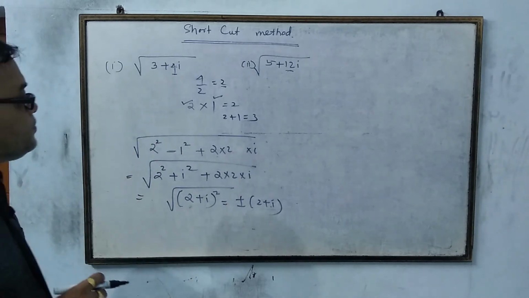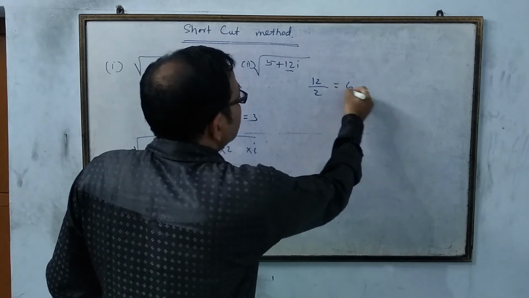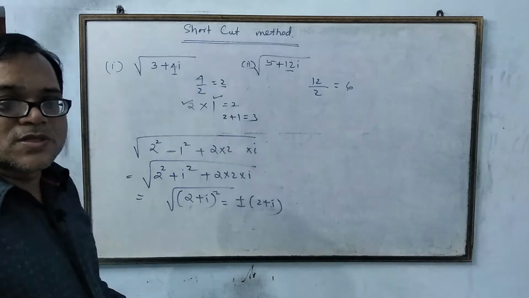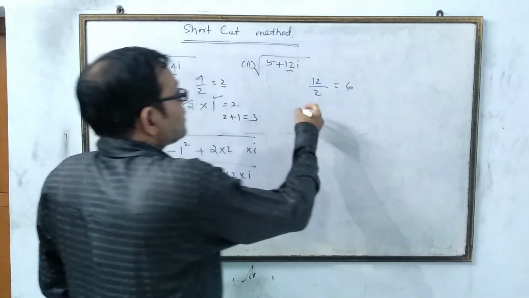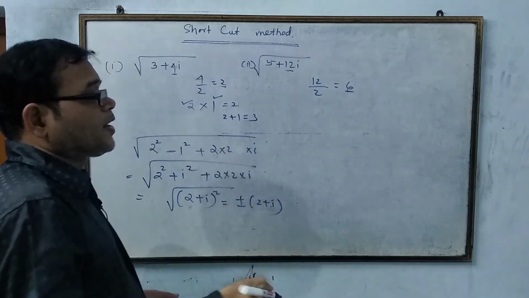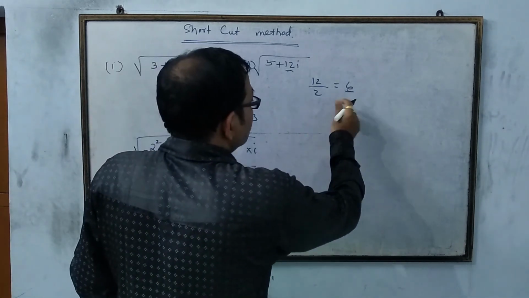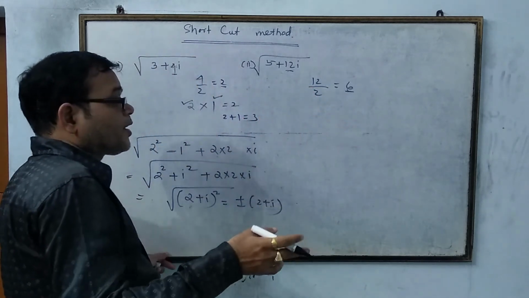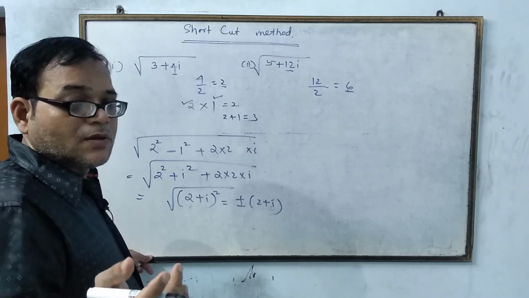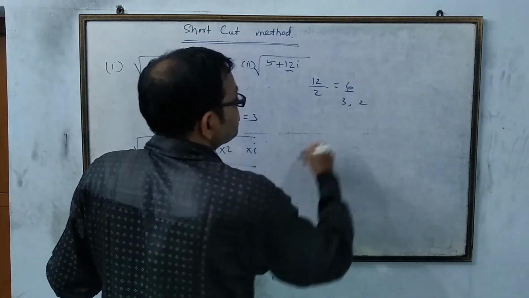Next, if I say 5 plus 12i, 12 by 2 is 6. Then after multiplication it would be 6 and after addition it would be 5. So the numbers are 3 and 2.